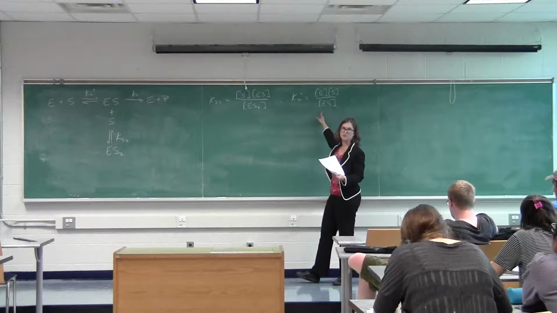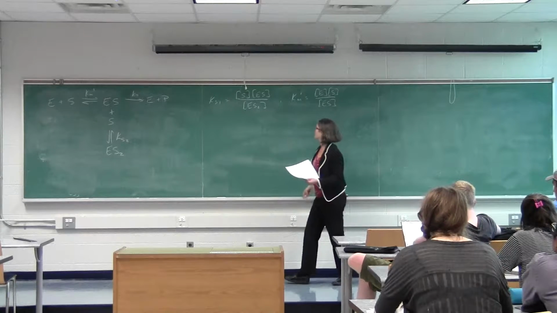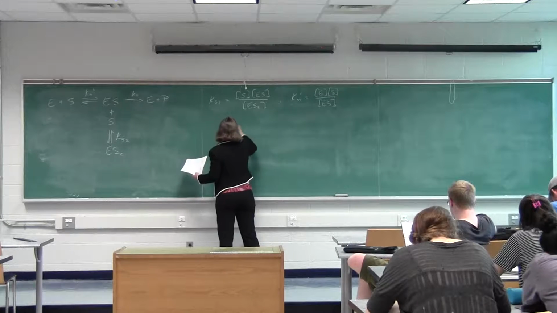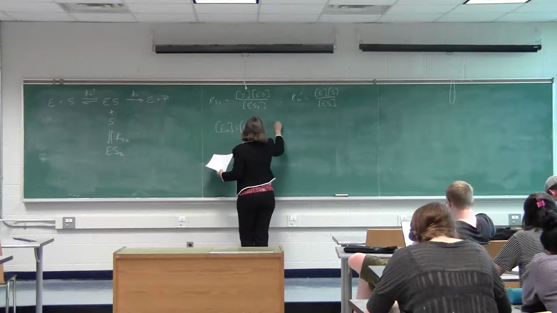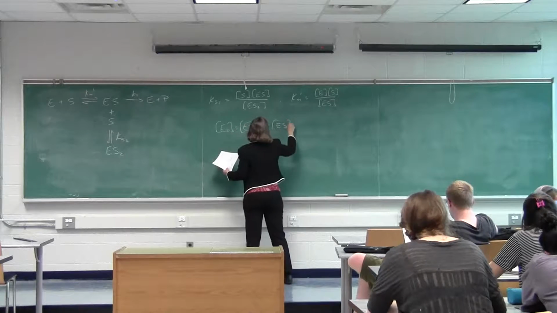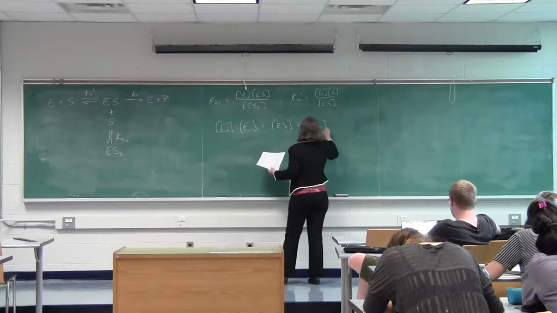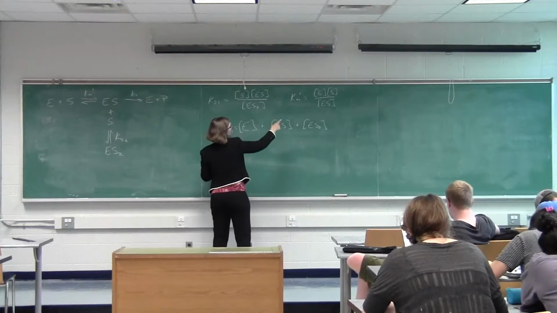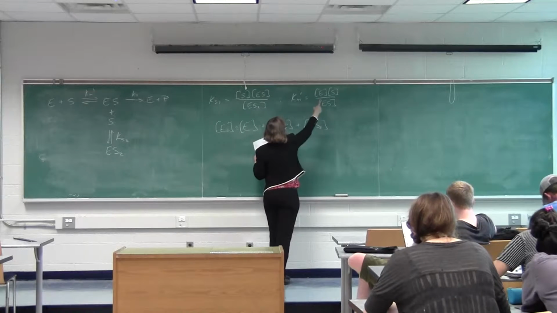And it was much more straightforward to solve. So we've got the enzyme balance, E naught equals E plus ES plus ES2.